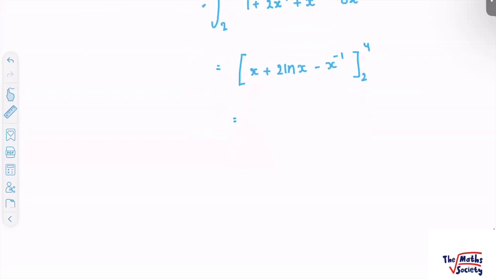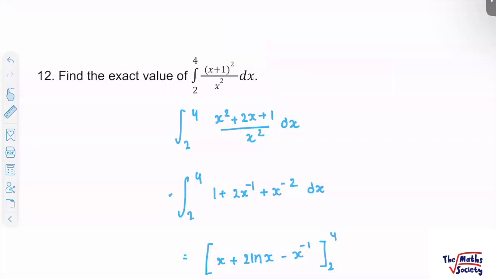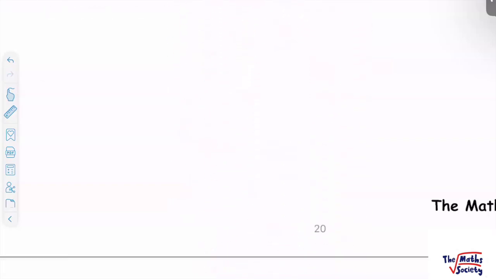So that equals 4 plus ln 16 minus 1 by 4 minus 2 minus ln 4 plus 1 by 2. So that's going to equal 9 by 4 plus ln 4. That's 9 by 4, 2 squares 4, so 2 ln 2. Yep. And now we'll move on to 13 as well.